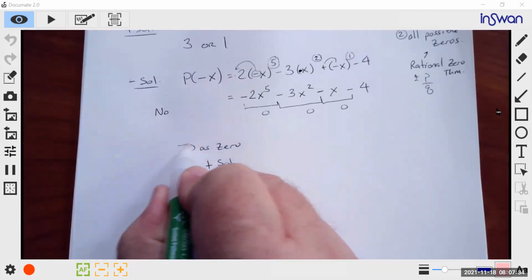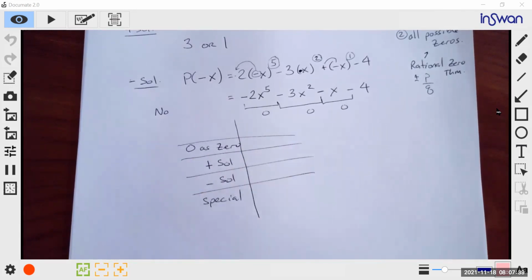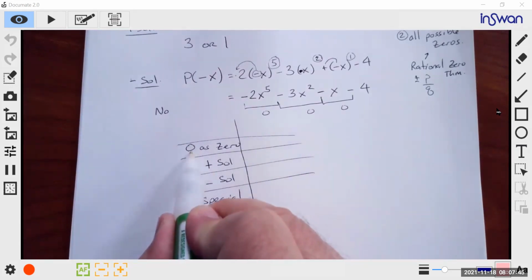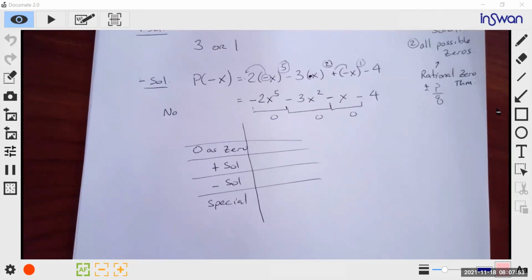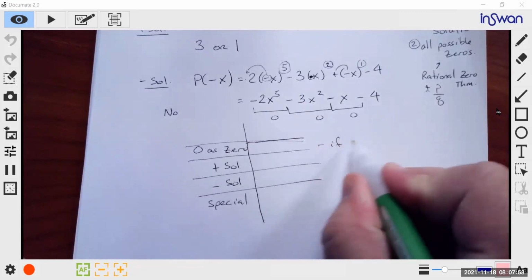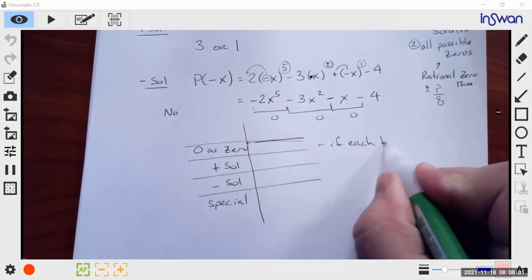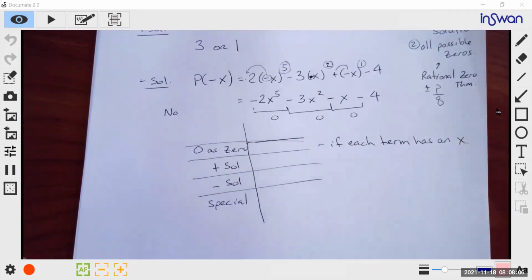So we'll look at these. The possibilities we have is this: 0 as a solution. What's the only way that 0 can be a solution to a polynomial? A 0 is possible if each term has an x.